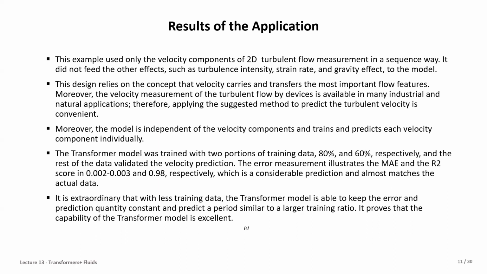The transformer was trained with two portions of training data, 80% and 60%. The error measurement illustrates the mean absolute error and R2 score in a range of 0.002 to 0.003 and 0.98 respectively, which is a considerable prediction and almost matches the actual data.